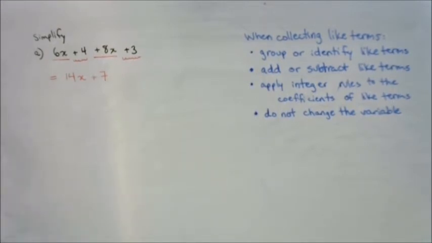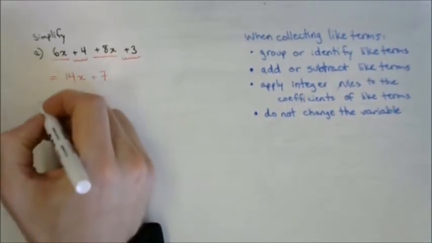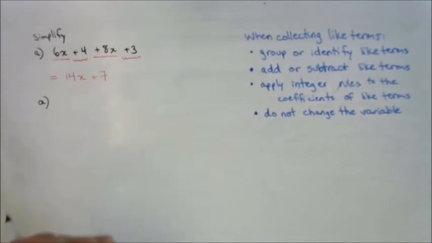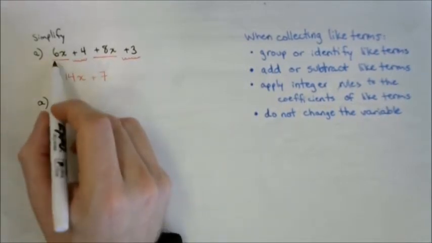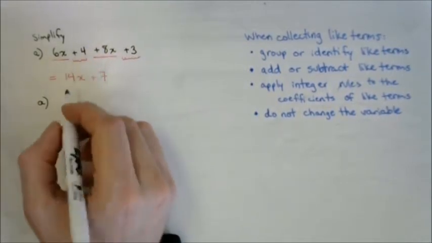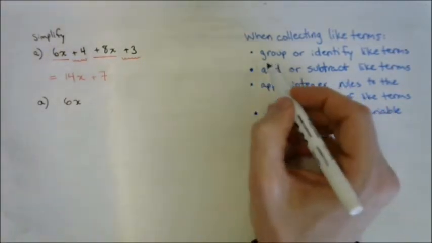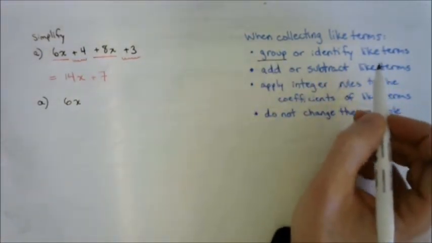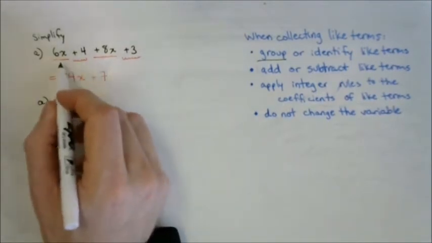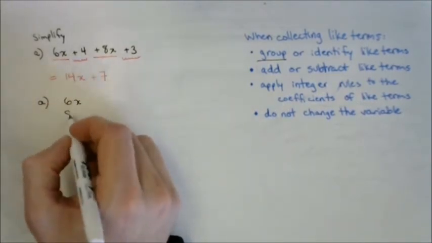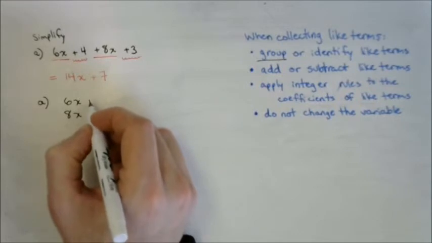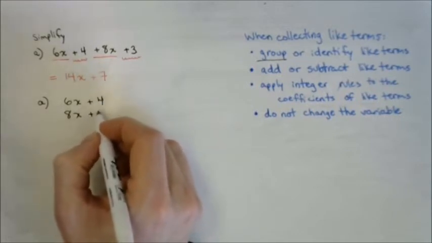Okay? I'm going to show you just quickly a second way to do this. Second way to do A is to say, okay, I have all of my terms here, and I can line up. Another way of grouping your like terms is simply to line them up. So I have 6x, and I have 8x, and I have plus 4, and I have plus 3.